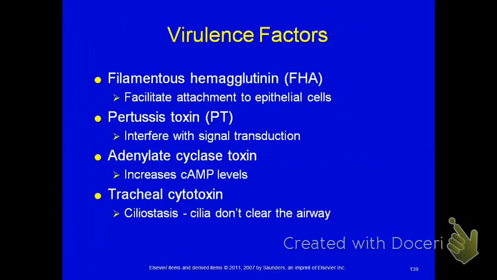Moreover, they still have the filamentous hemagglutinins. This one will facilitate the attachment of Bordetella to the cilia. The pertussis toxin would be another virulence factor, aside from the ones that were mentioned in the previous slide.